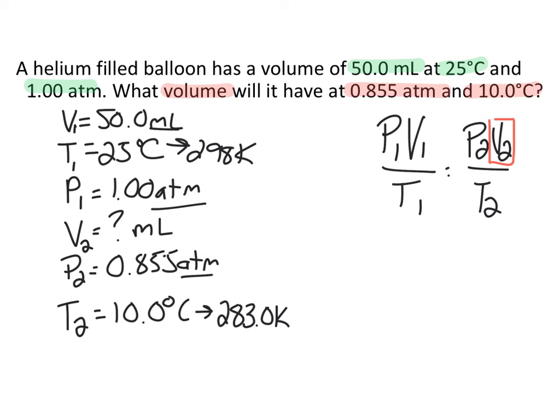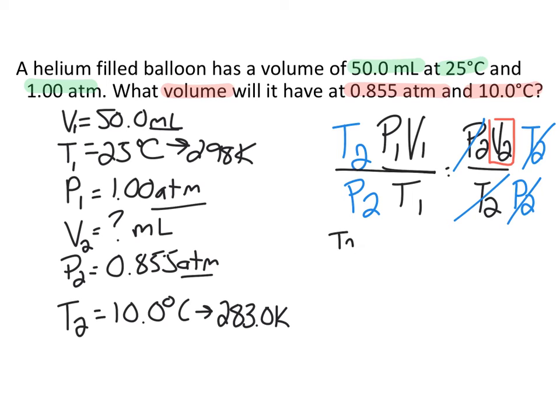So to get rid of T2, I have to multiply both sides by T2 so that it cancels. So that'll end up in the numerator on my left-hand side. And I need to divide both sides by P2 to cancel it off on that right side. So now my new equation is right there. So let's clean that up. T2 times P1V1 all over P2 T1 equals V2.